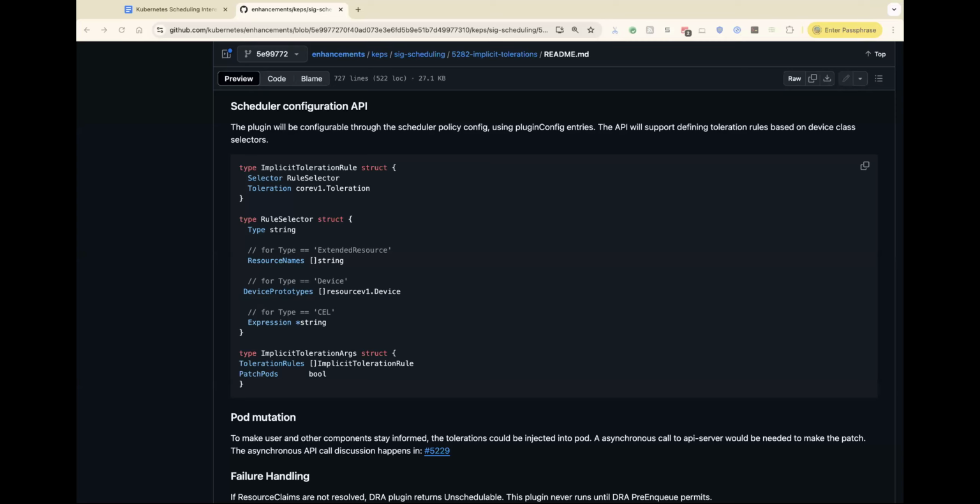Yes, I agree with the concern. It's definitely a valid concern. It may end up adding the toleration to the pod, which ends up being allocated to the node without using the specific resources. Is that the concern, right?